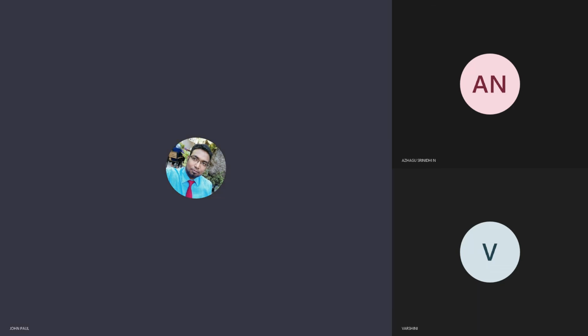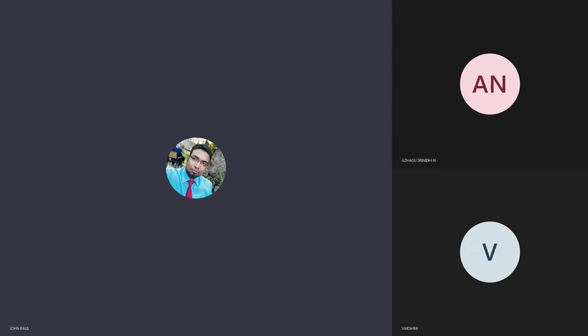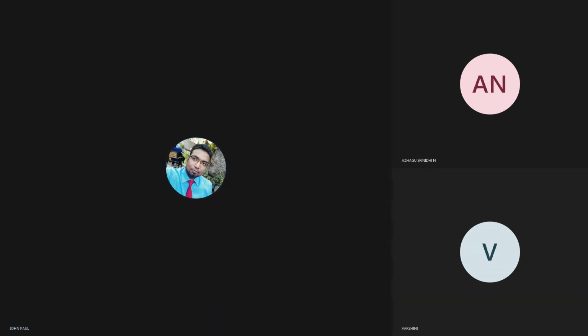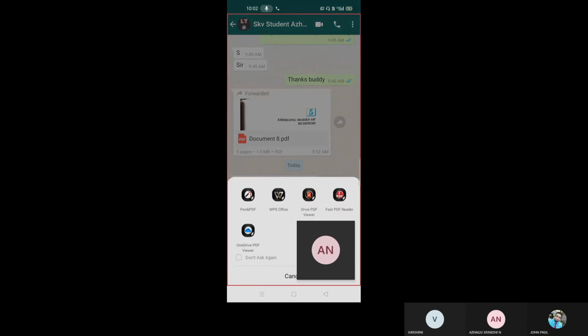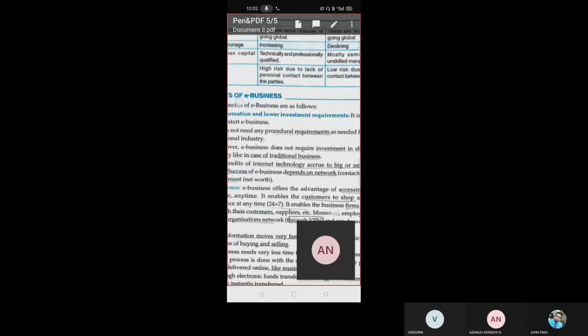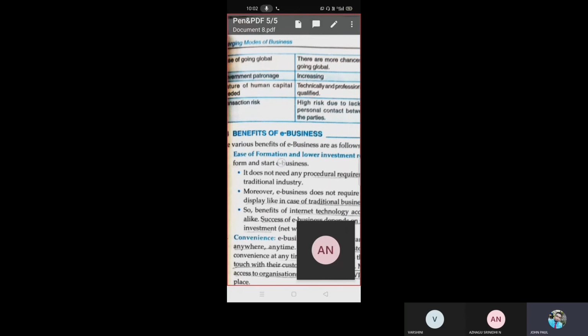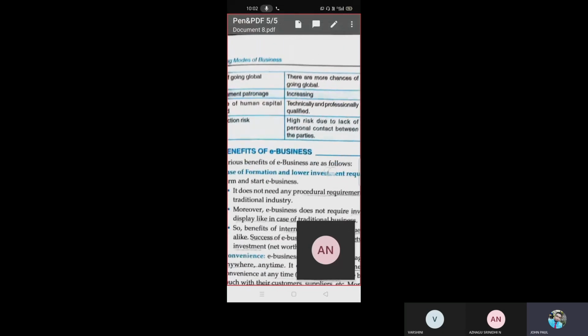So that is support. Government patronage in the sense it's a support. So there is a support for what? Online business. So government patronage, in the sense support, is increasing for online business, whereas declining for traditional business.